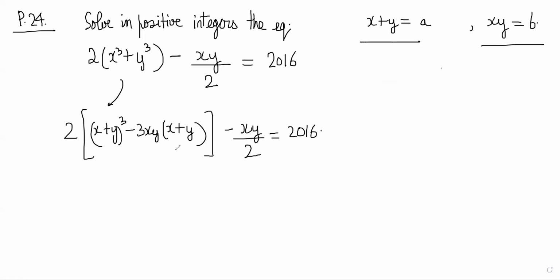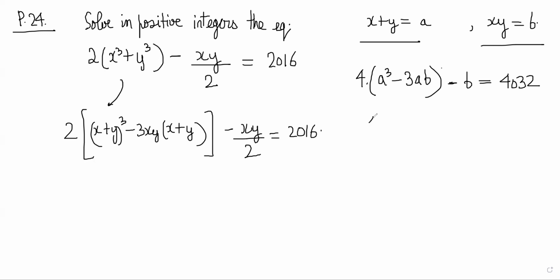And this equation starts looking like 2 times (a cube minus 3ab) minus b by 2 is equal to 2016.